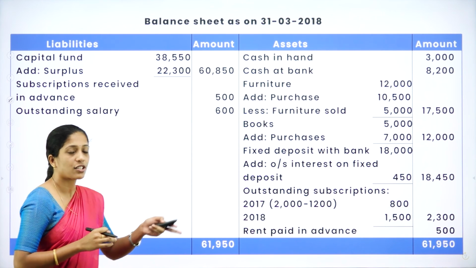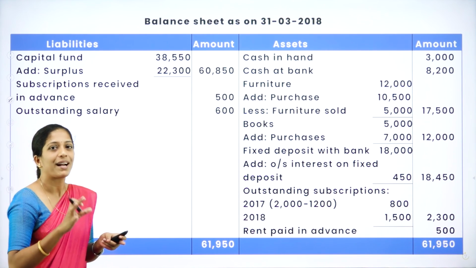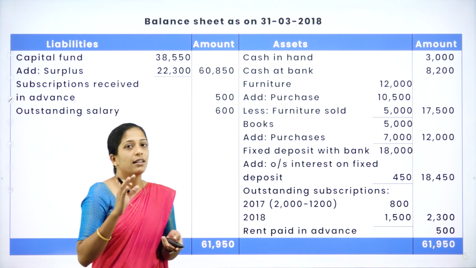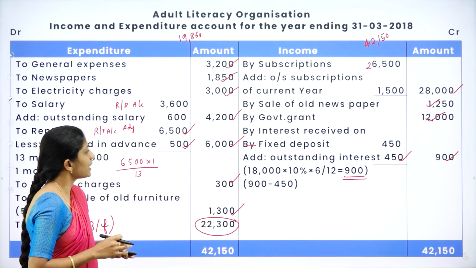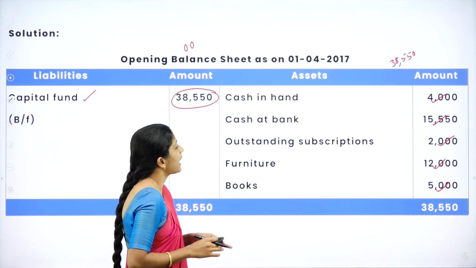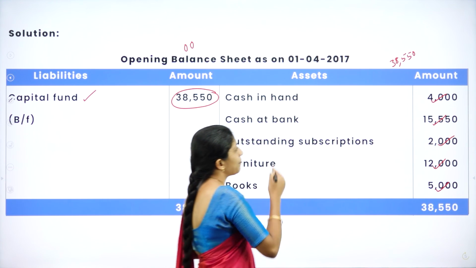Now go through the opening balance sheet we have prepared. First we shall see the asset side of the balance sheet. You know the format is the same: liabilities, amount, assets and amount. Under the opening balance sheet we have cash in hand and cash at bank. Are you going to record the same item?